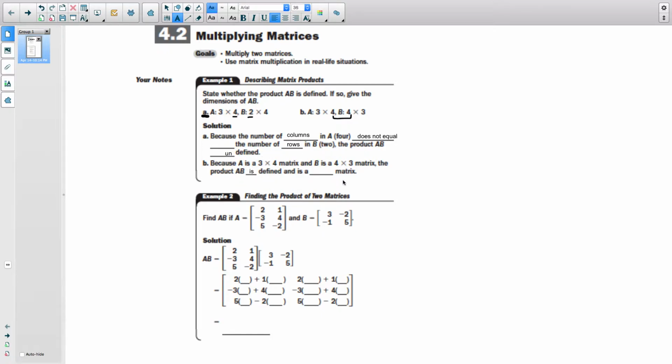In order to get the size of your new matrix, the numbers on the outside will be your new size. So my product is going to be a 3 by 3 matrix.